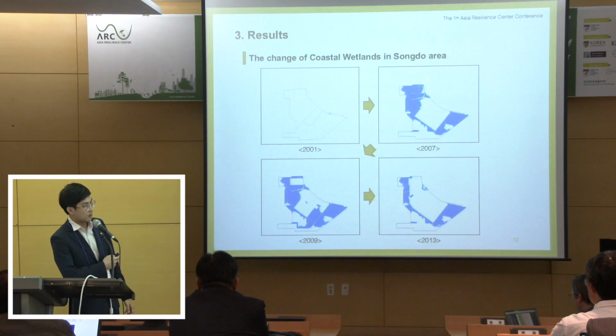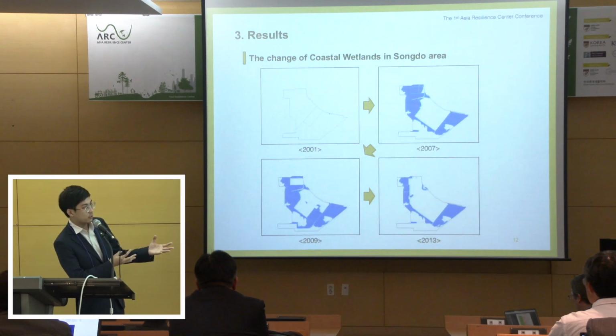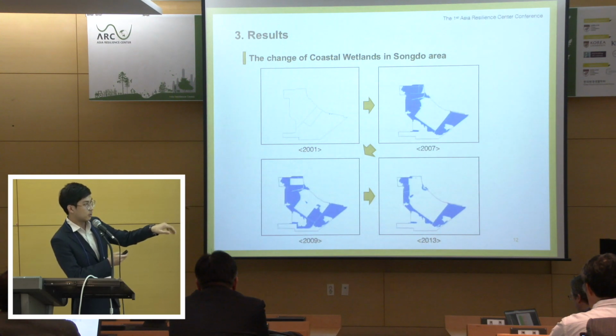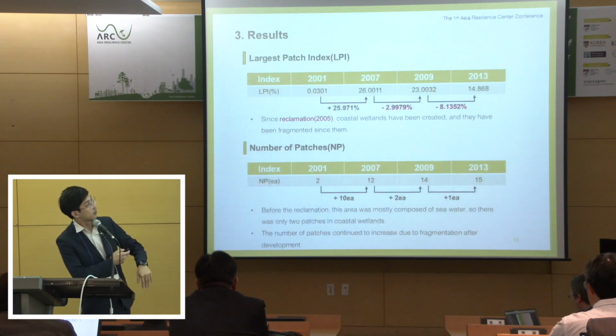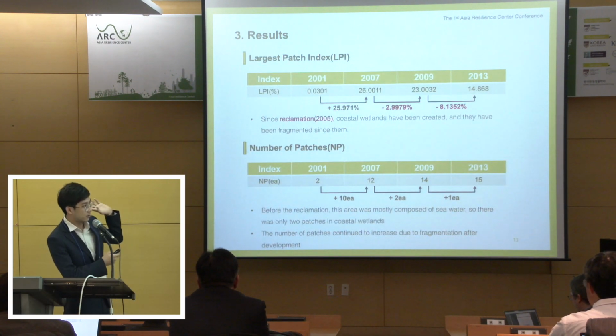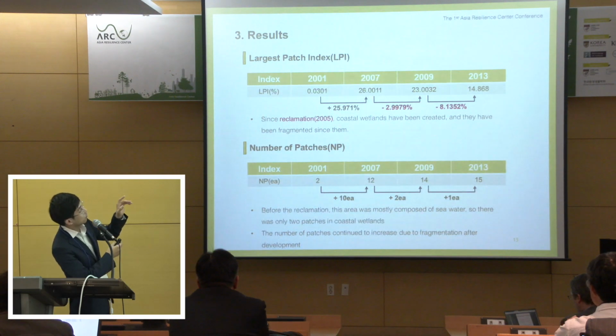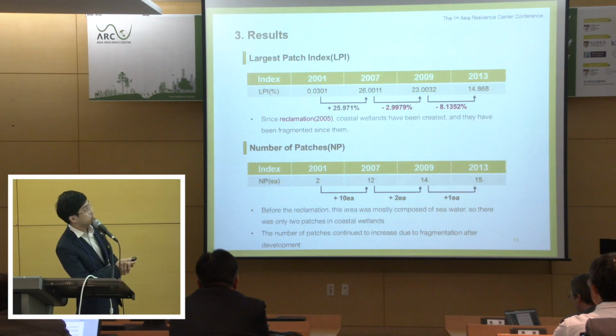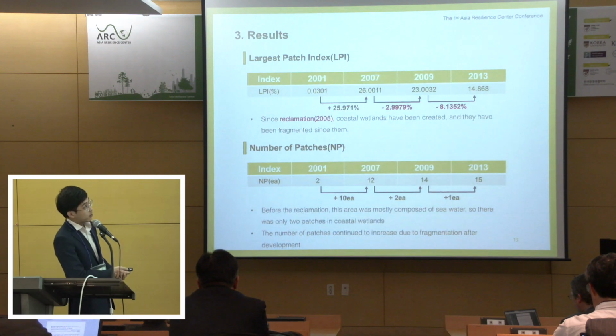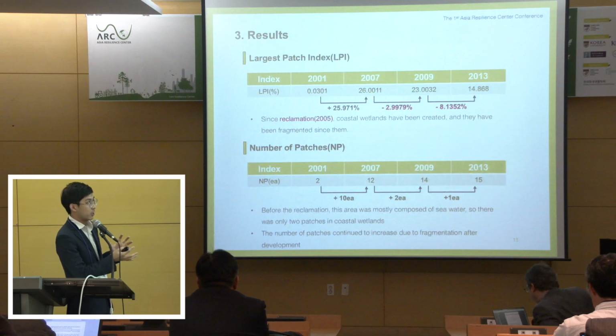So we analyzed how the landscape fragmentation actually occurred in this place, deriving the landscape indices. As I mentioned, we want to know the change of the 6 indices. The first index is the largest patch index. This largest patch index means how big the biggest patch is in a specific site.